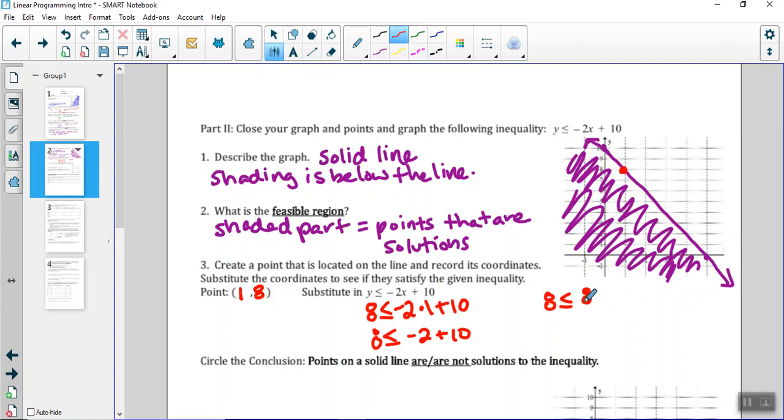So this is true. And so we can say, yes, 1, 8 is a solution. So I can make the conclusion now that points on a solid line are solutions to the inequality.